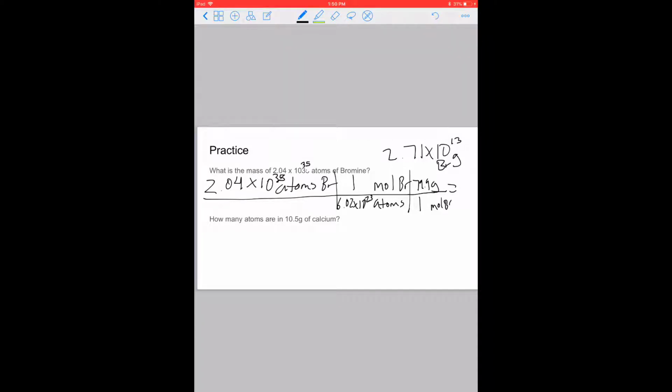This next one says, how many atoms are in 10.5 grams of calcium? We're going to start with what we know. We have 10.5 grams of Ca. We're going to look on the periodic table here. Got grams of Ca on the bottom, moles on top. And in 1 mole of Ca, we are going to have 40.08 grams. And I got that number from the periodic table. But we're asked about atoms.